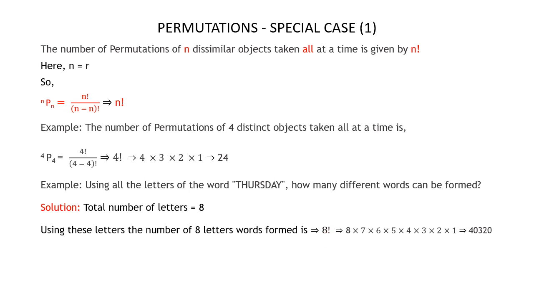Now 8 factorial is 8 multiplied by 7 multiplied by 6 multiplied by 5 multiplied by 4 multiplied by 3 multiplied by 2 multiplied by 1, which is nothing but 40,320. So 40,320 different words can be formed using all the letters of the word Thursday. Thus, the number of permutations of n dissimilar objects taken all at a time is given by n factorial.